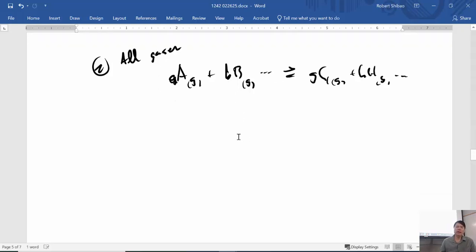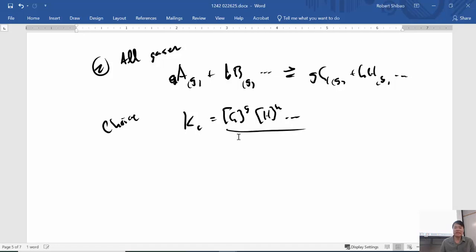Then we have a choice. We can do Kc, and here we have to determine the molar concentration of the gases, which we can do. It's just how many moles of gas per liter. Of course, the concentration is going to be small because gases are not very dense.